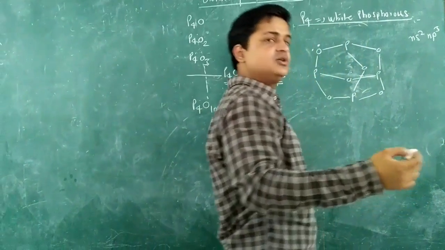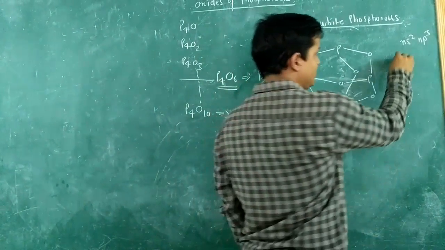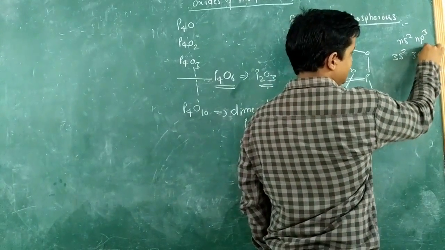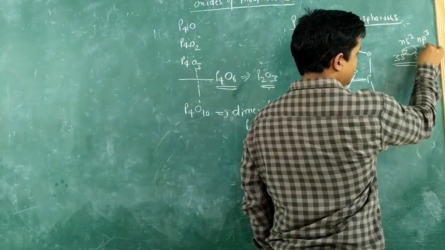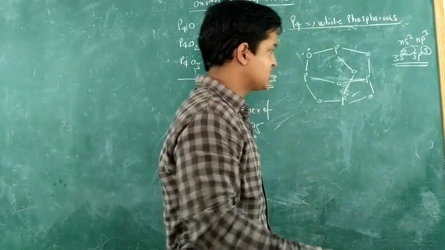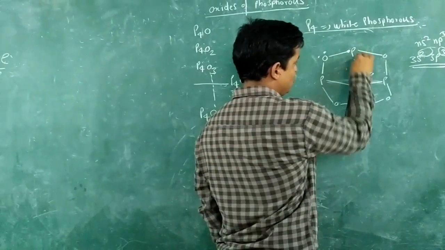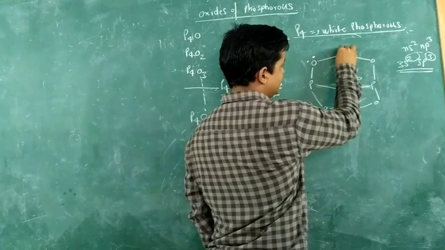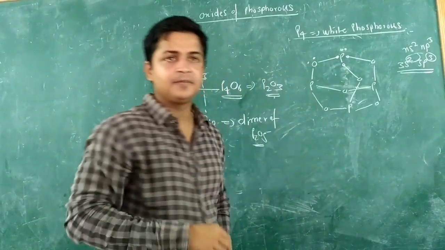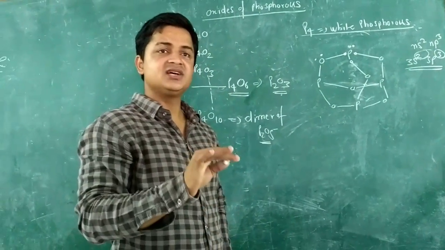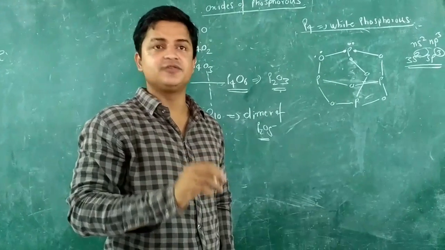Since phosphorus belongs to the 3rd period, it has the electronic configuration 3s2 3p3. So how many electrons are there in the outermost shell? 5. So just count it. In phosphorus, 1, 2, 3, and this one is the lone pair. Is that clear?